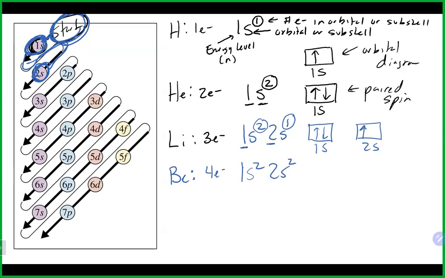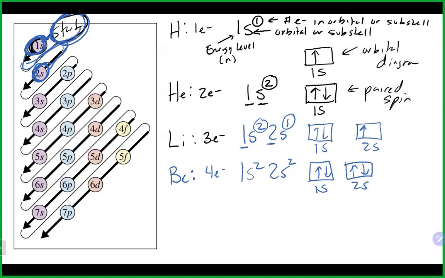If we count up the top numbers, 2 on the first one and 2 on the second, that is 4 electrons we've just put in. Picture-wise, 1 goes up, 1 goes down, in our 2s, up and down. As we can see, we are now full on that 2s orbital. Where would the next electrons have to go after that?